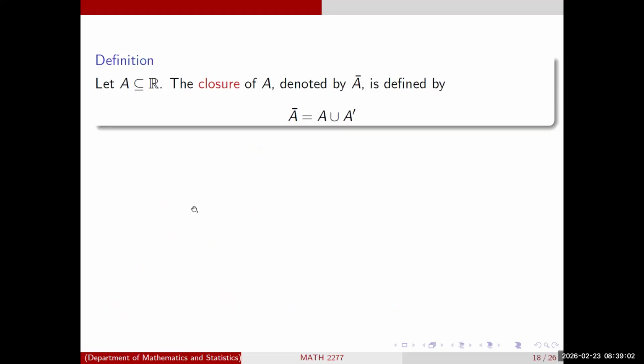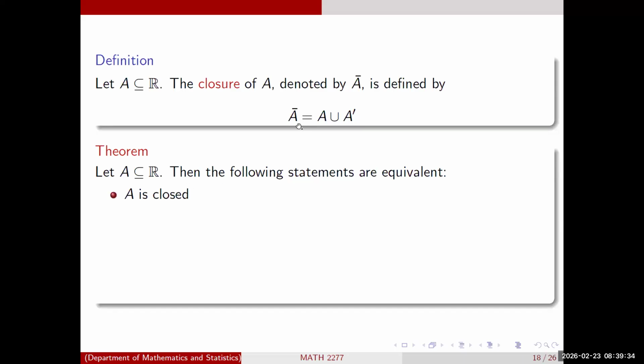Okay, so now we're going to move on to another set, something that is called the closure. For any subset A of the real numbers, the closure of A, denoted by A bar, is defined as the set union its limit points. So to get the closure of a set, you take the set and you add to it its limit points.